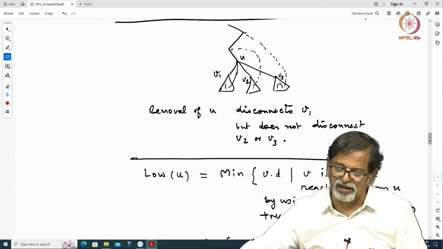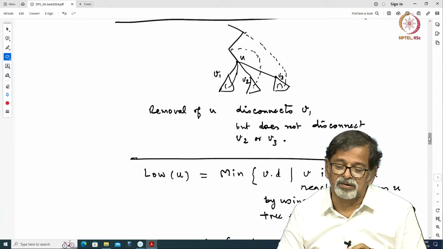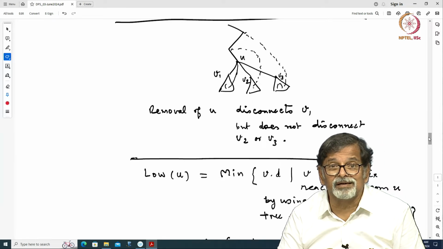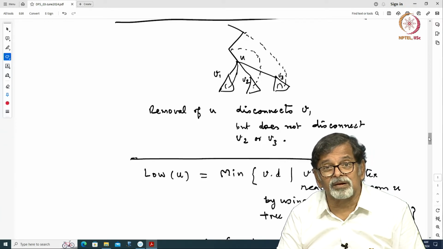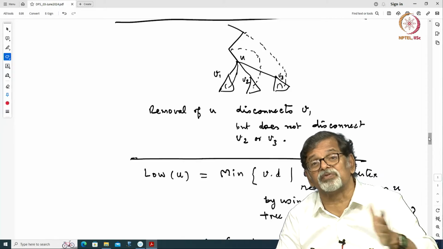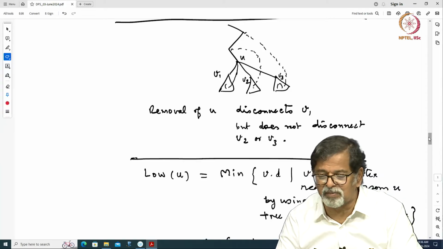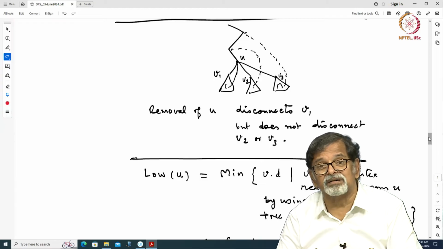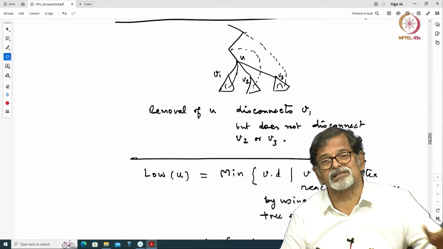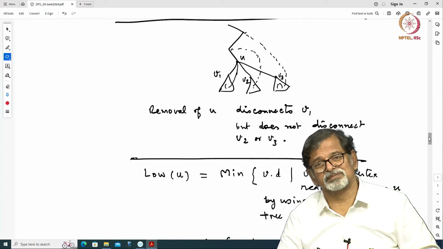That is the reason why you have to see whether a node has a child which may become an orphan if that node is deleted. If u is deleted, V1 will become an orphan. V1 gets completely disconnected, right.